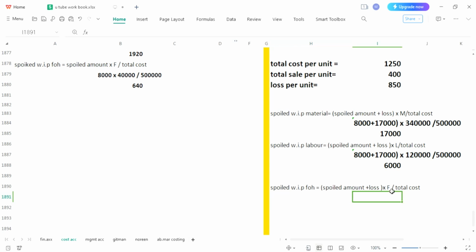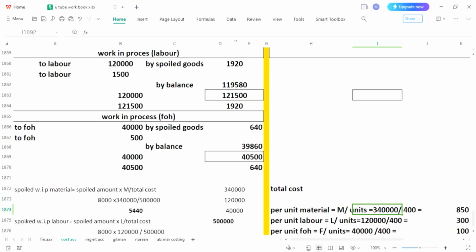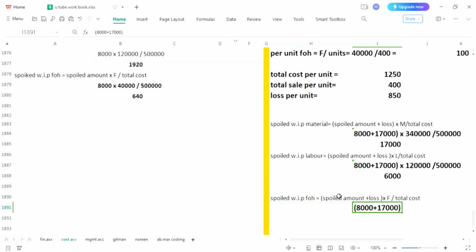Spoiled amount is the same, 8,000, then the amount of loss 17,000, put brackets over here, and then you need to multiply by factory overhead cost. Factory overhead cost was 40,000. So let's put 40,000 over here and divided by 5 lakh as usual, total cost.